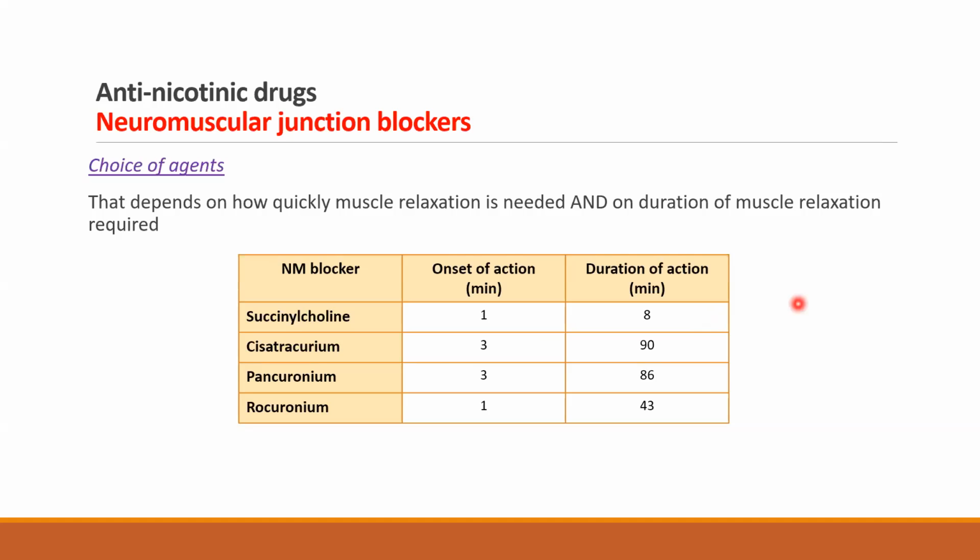That's why anesthesiologists still use it. It's an old drug, but it's very easy to titrate and very easy to get rid of the muscle paralysis if we want to stop the surgery. The other ones have a longer duration of action, so you need to be prepared for a longer period of action.